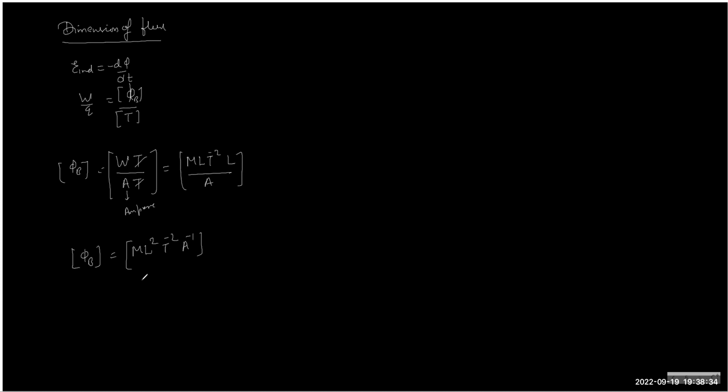So one thing is clear: if I multiply flux with current, it must have the dimension of energy, right? So flux and current product gives us the dimension of energy. Phi into I, magnetic flux into current, has the same dimension as energy. So just remember this small thing.